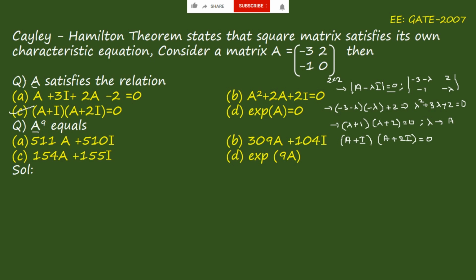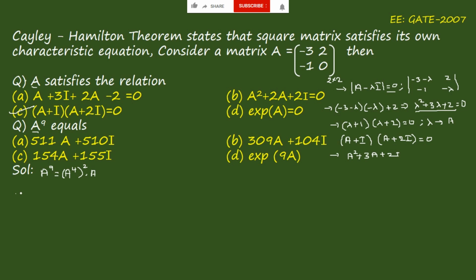Now when we're doing A power 9, you have to find the value of A power 9 is equal to how much? We can write this as A power 4 whole square into A, right? The general thing that we know is this particular equation, so we can write it as A square plus 3A plus 2I, right?